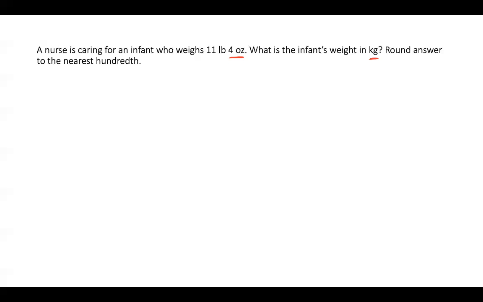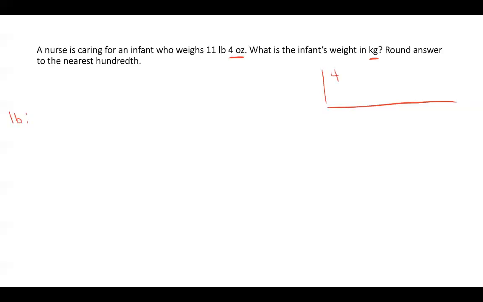So how do we do that? I'm going to show you how to do it using dimensional analysis. There's maybe an extra step when you do it this way, but again, it teaches you how to use dimensional analysis. So the first thing we need to do is convert 4 ounces to pounds. So we're looking for pounds. In our box, we don't need to convert the 11 to pounds because it's already pounds.